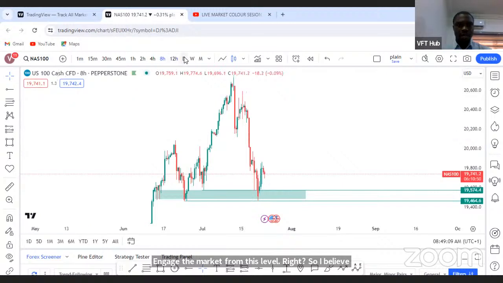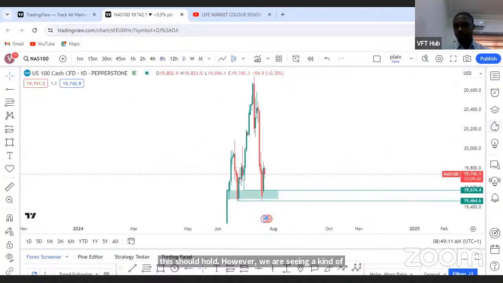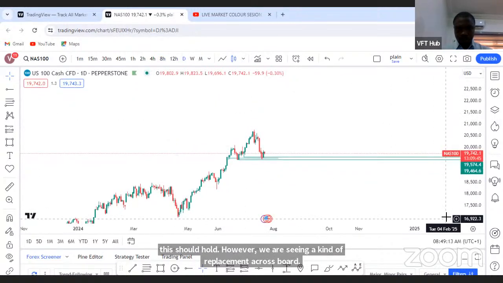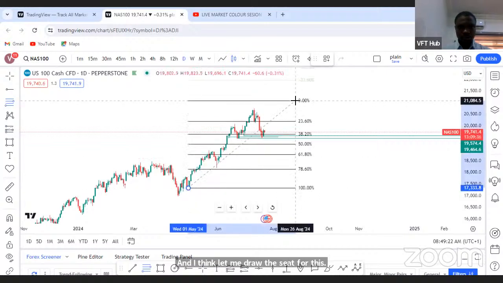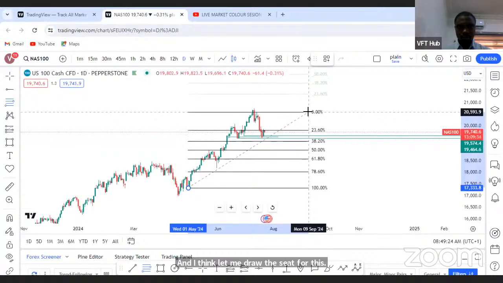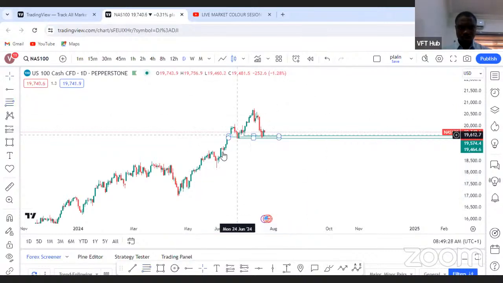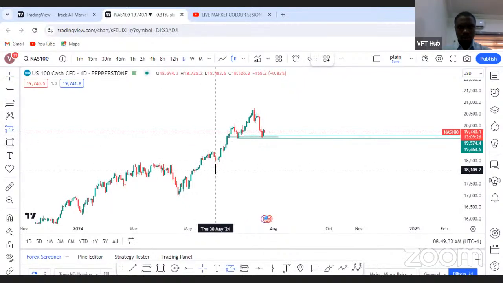However, we are seeing a kind of retracement across the board, across all indices pair. And I think, let me draw the fib for this. Let me use this level at the last low.